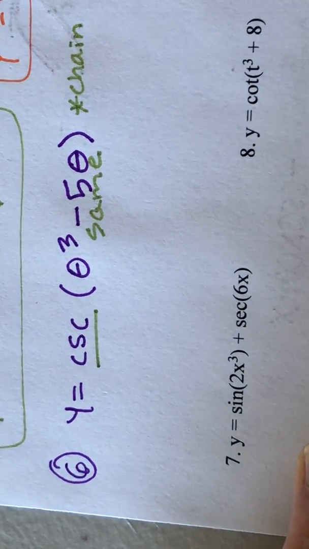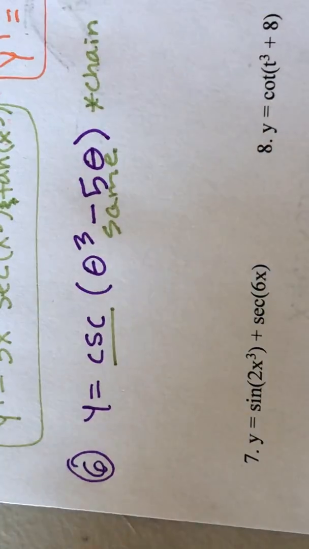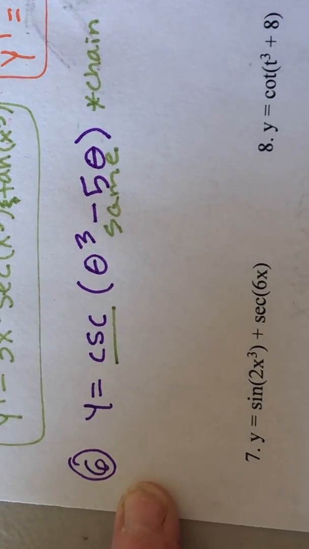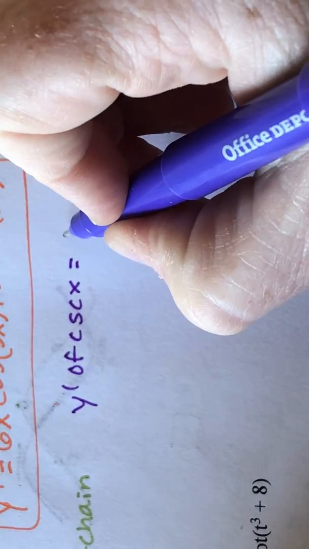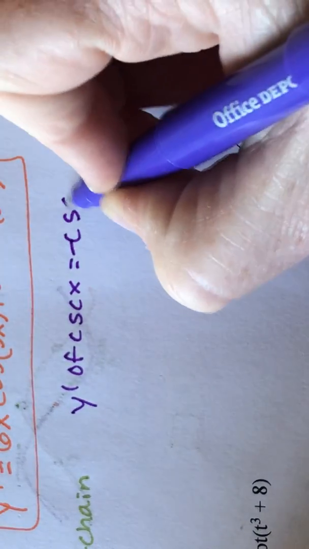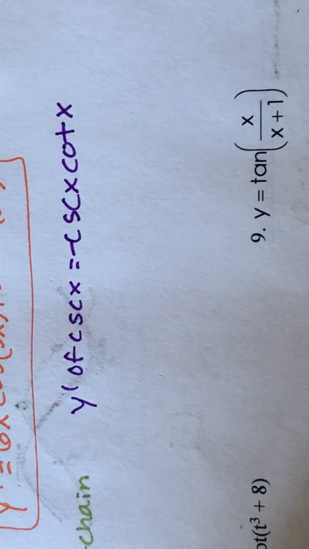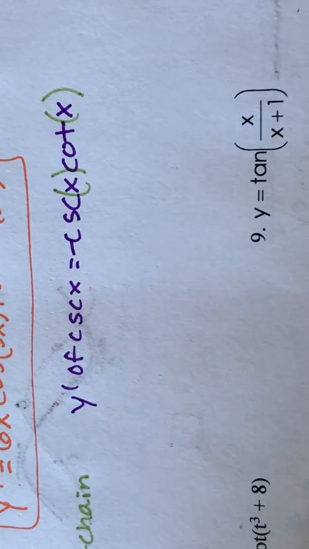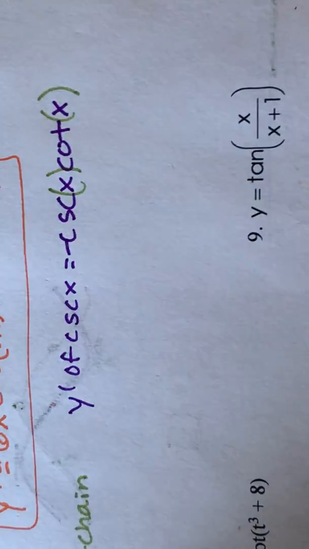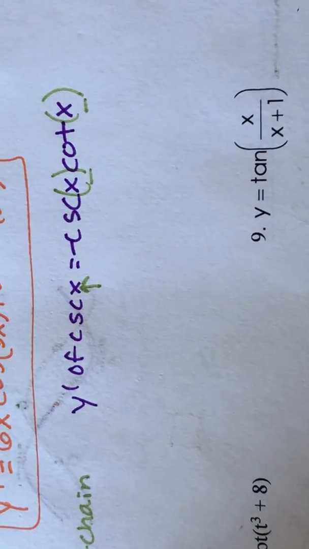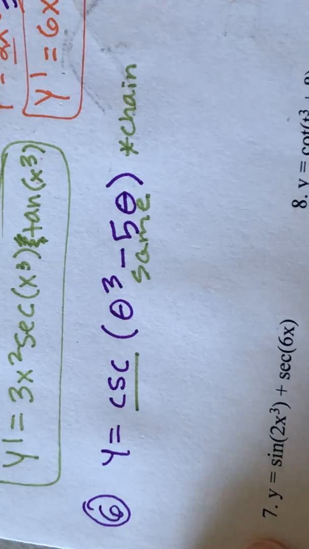Okay, so the derivative of cosecant x is negative cosecant x cotangent x. Okay, and instead of x, we're just going to have our entire theta to the third power minus 5 theta. So whatever x is, that stays the same. Okay? So let's do that first.